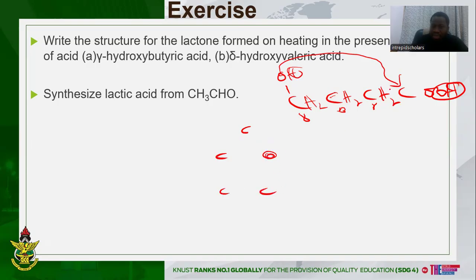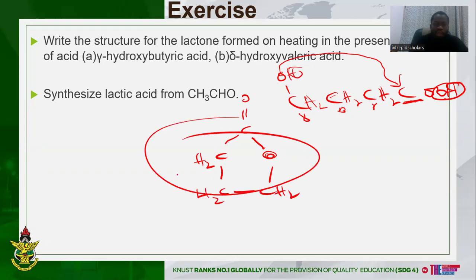The oxygen will be part of the ring. And so now this one will be my carbon 1, my carbonyl carbon, directly bonded to the oxygen here. Now there are bonds here all over. This will be CH2, CH2, CH2. Now this is my compound. This is my very simple one.